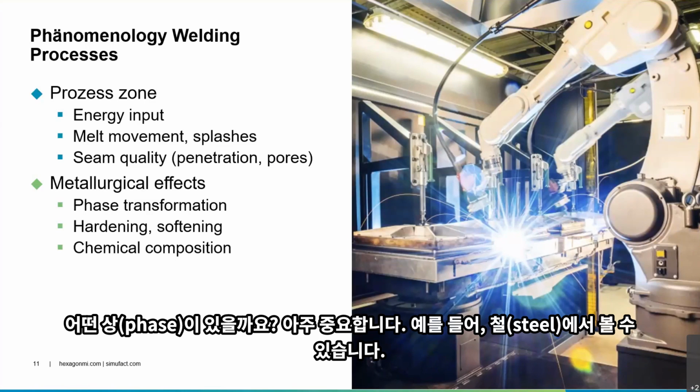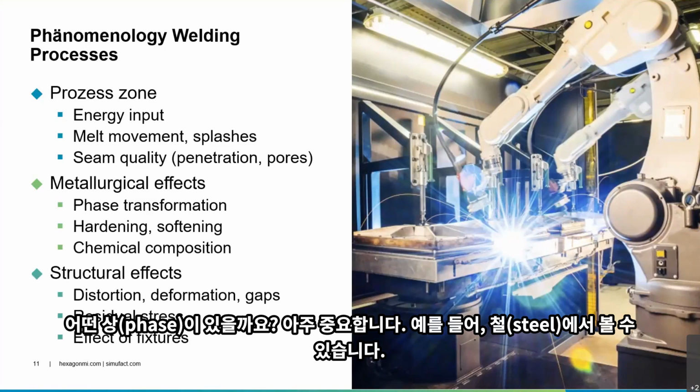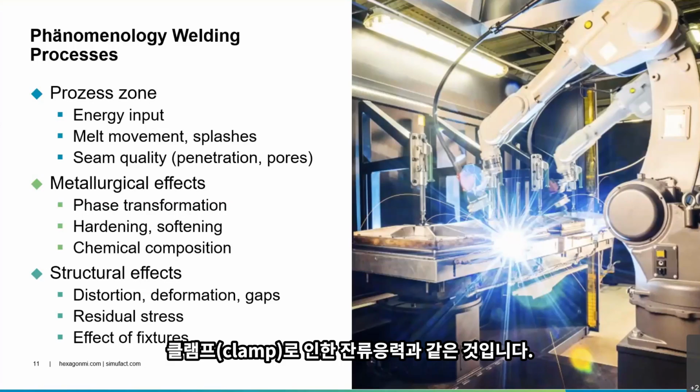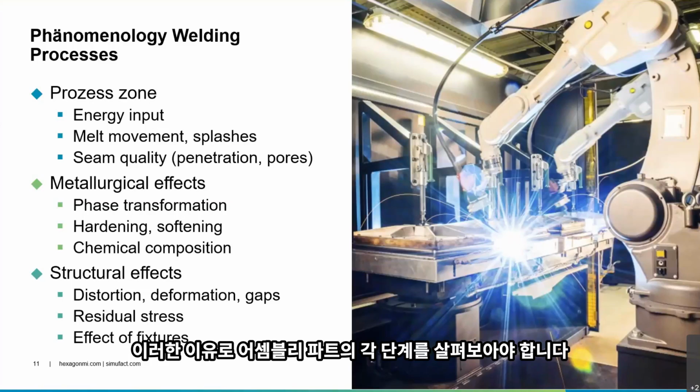Very important, for example, if you look at steels. But you could also look at structural effects like distortion, deformation, gaps, residual stress, or the effect of the clamping, the fixers. That means this is more looking on the layer of the components of the assembled parts.